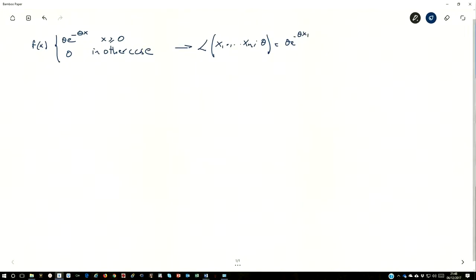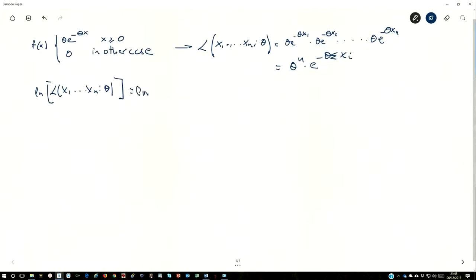We build the likelihood function by multiplying the density function applied to each element of the sample. If we consider a sample of n elements, we apply each element to the function, so we have theta multiplied by e to the power of minus theta multiplied by x sub 1, multiplied by theta multiplied by e to the power of minus theta multiplied by x sub 2, and so on until the last element, theta multiplied by e to the power of minus theta multiplied by x sub n.